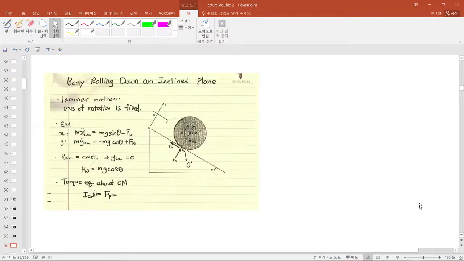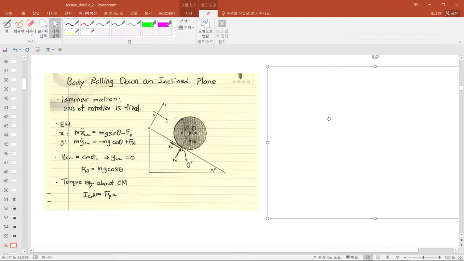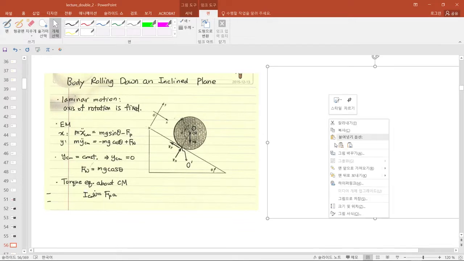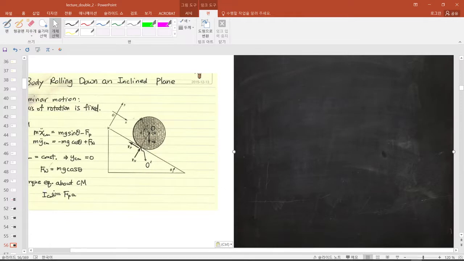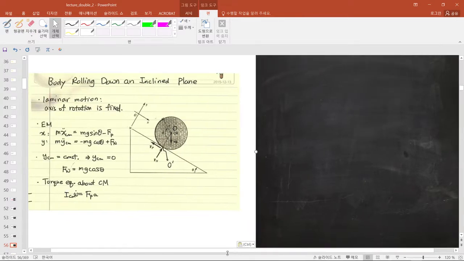So with this background, let's now consider an example where the body, let's just say a disk, is rolling down an inclined plane.